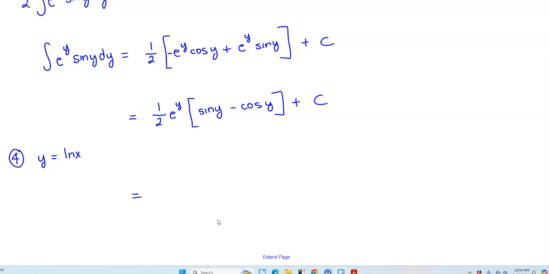We have 1/2 e to the natural log of x times the sine of the natural log of x minus the cosine of the natural log of x plus c.